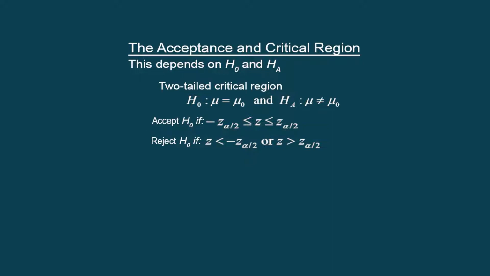On the other hand, if we want to say that the null hypothesis is to be rejected, then we reject H0 if Z is less than minus Z alpha by 2 or Z is greater than Z alpha by 2. That means if the value of Z lies in the extreme two tails of the distribution, either in the left tail, where the value is less than minus Z alpha by 2, or in the right tail, then we say that the null hypothesis is rejected and the alternative is accepted.